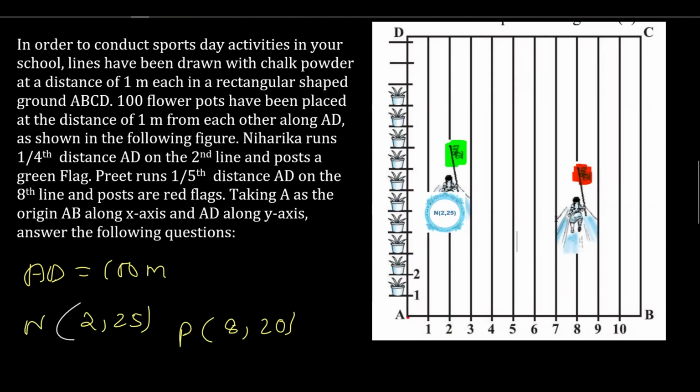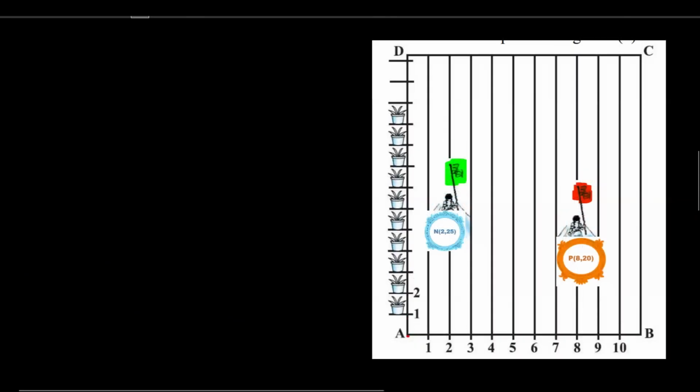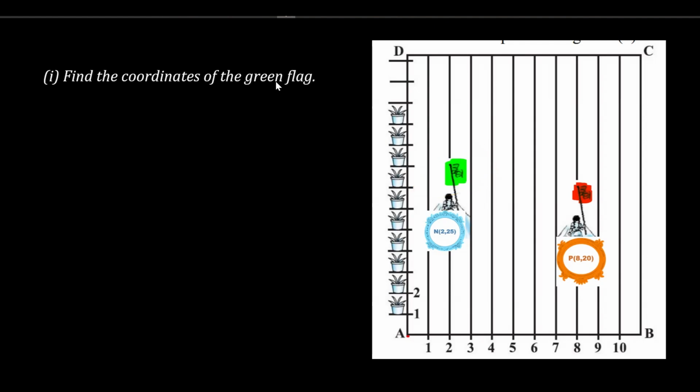Now the first question from this case is, what are the coordinates of the green flag? We have already determined that it is 2 comma 25. So for Niharika, it's the green flag and 2 comma 25 is the coordinate. That is the first question.